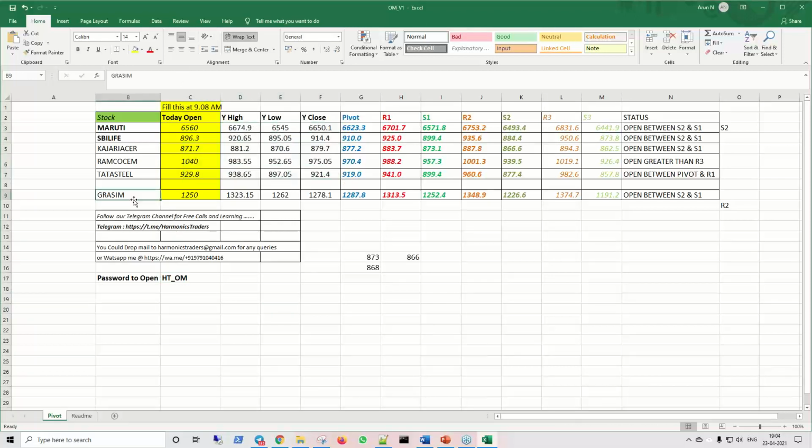Okay, so somebody asked for Bank Nifty. Let us do it right now so that you get an idea. Just give me a moment. Let me take the data of Bank Nifty.